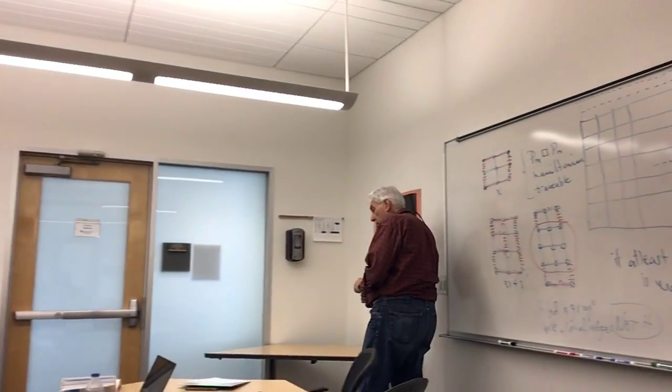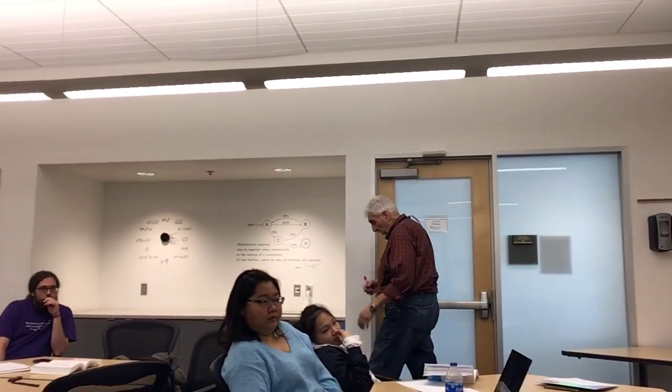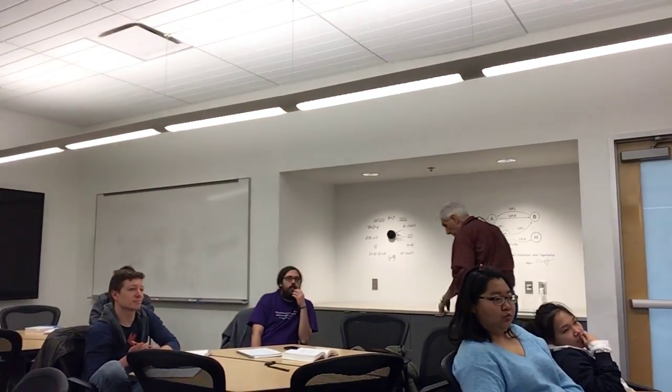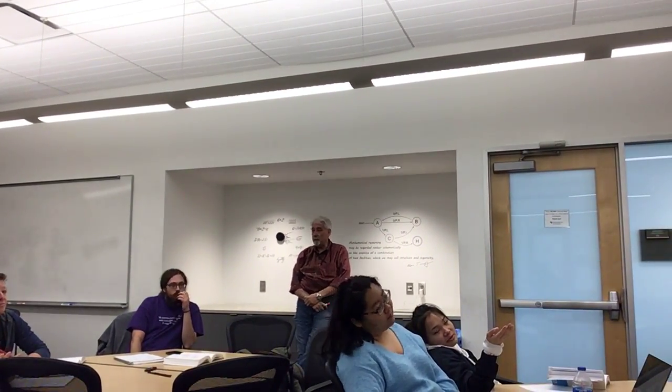Does this graph contain a Hamiltonian path, a path that contains all the vertices? What is that path?